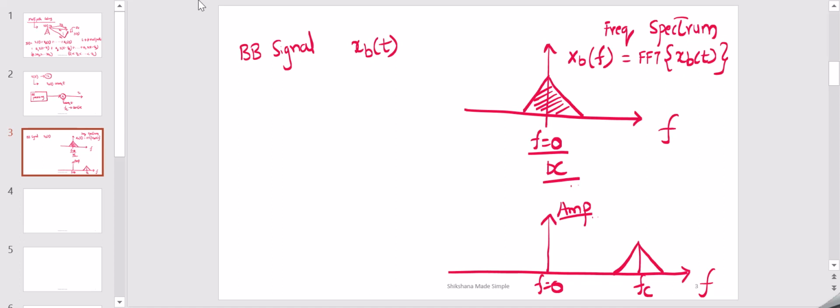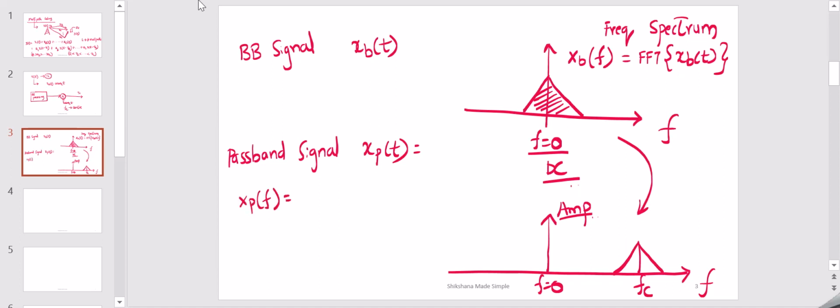Now, to do this operation, what do we do? We know this is xb of t, right? So let's say this is called a passband signal, I would say xp of t. First we need to write it in the frequency domain. Let's say xp of f is equal to xb of f minus fc.